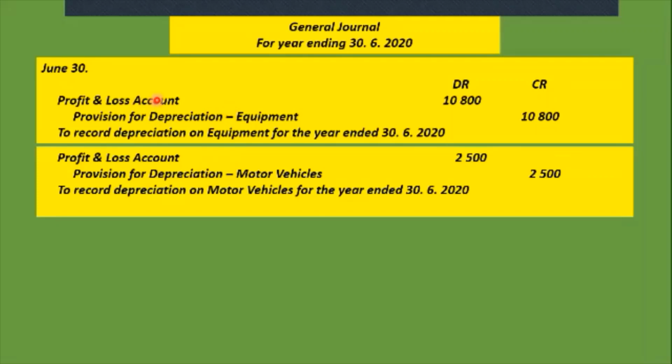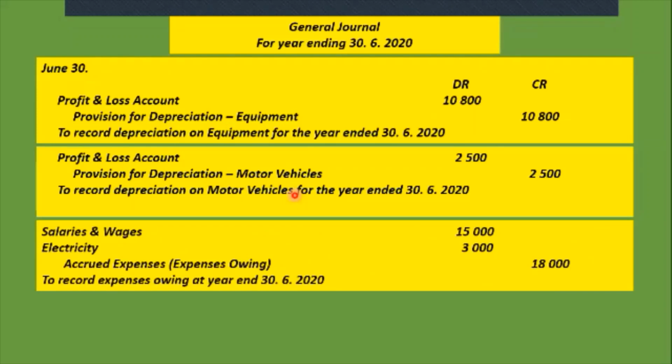So you'll have one debit, two credits equaling that one debit, right? And of course, the narrative will say depreciation on equipment and on motor vehicles. Okay, so that's a compound entry. You could have made that as well.